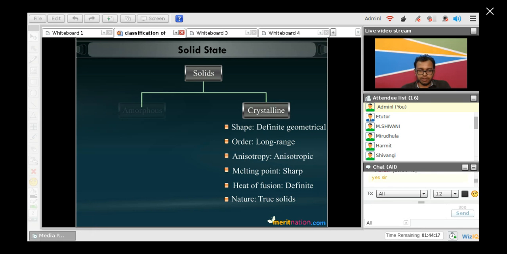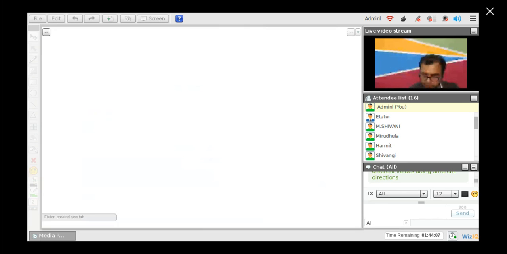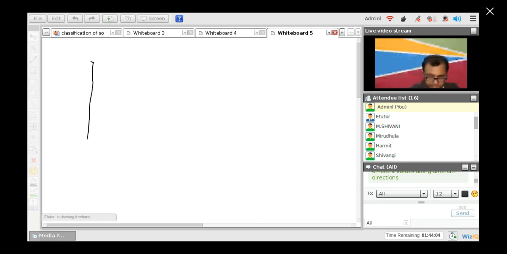Okay. So let me tell you what anisotropy is. I'm explaining it to you by a graph. Let's say this is a crystalline solid, right?